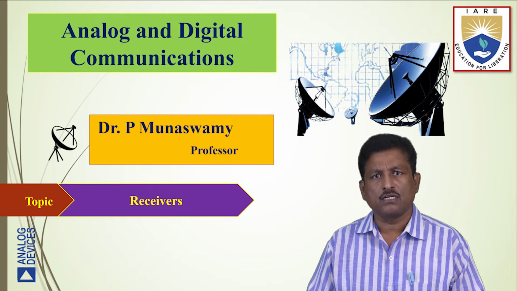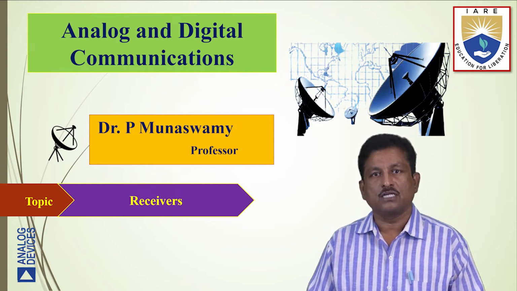Based on the type of communication system selected, there may be wire communication or wireless communication. If we are transmitting the data through wire, it is wire communication. If you are transmitting the data without wire, without any physical contact between the transmitter and receiver, it is wireless communication. That is the purpose of the channel here.